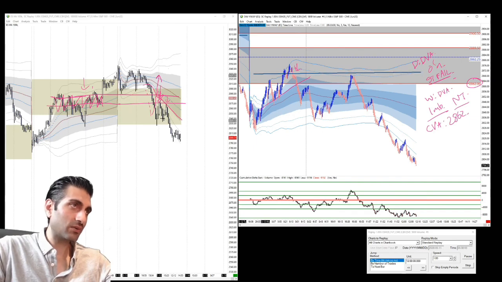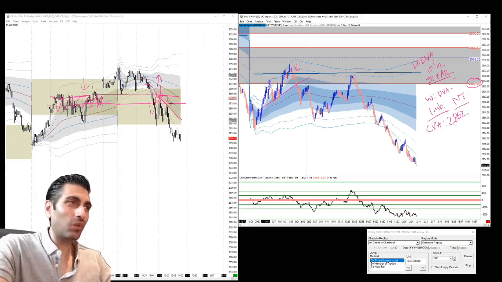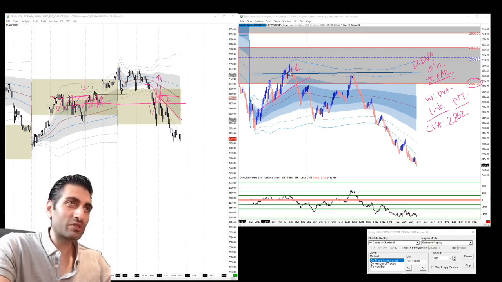We've come down, as in we're coming down, we've rejected that area coming into the open. Look, end of the day, what other clues do you need? This is my point. We've rejected, clearly, the first standard deviation.